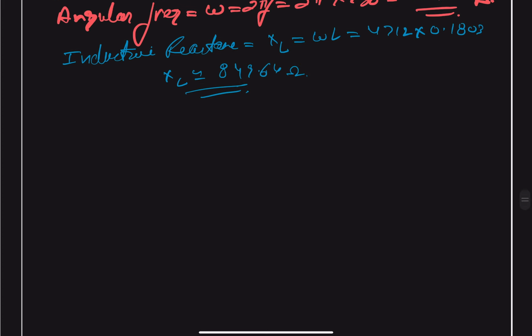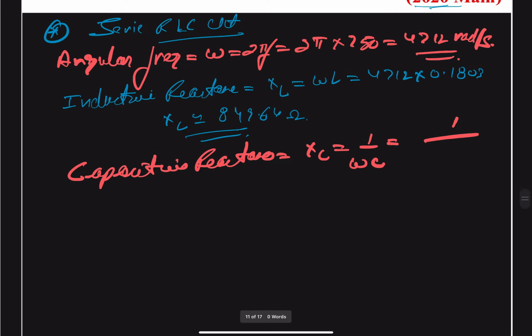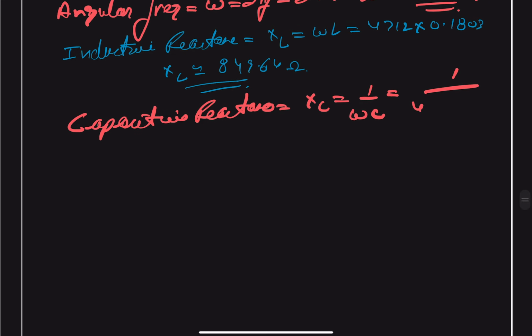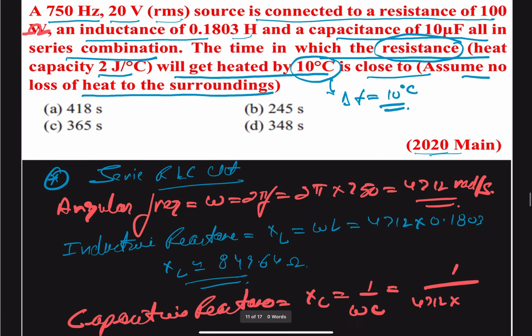Similarly, we find out the capacitive reactance, that is our XC, which will be equal to 1 over omega C. Omega we found out is 4712, and capacitance is given to us as 10 microfarad.